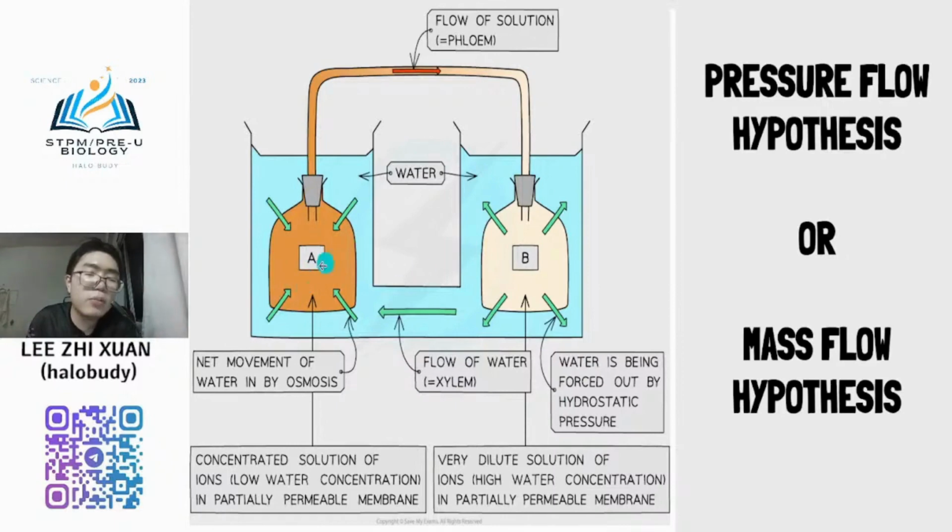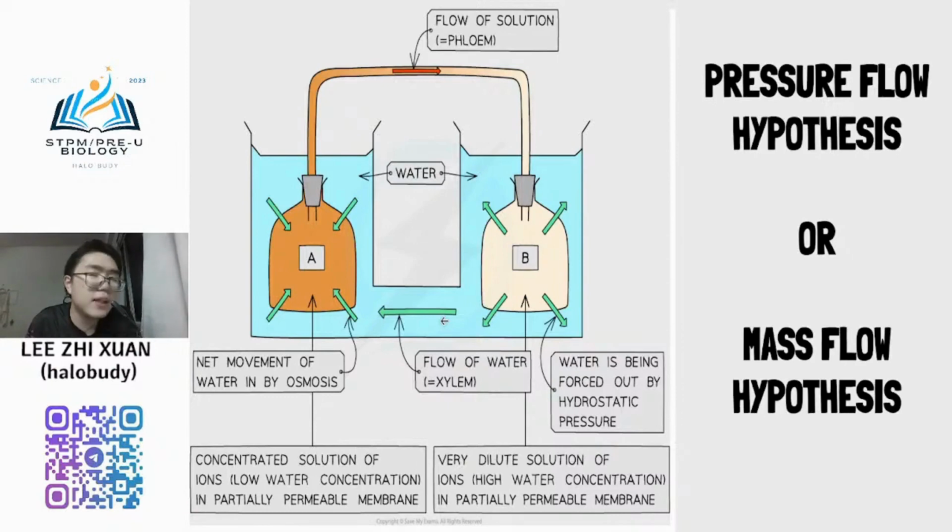Normally if you see the color, the darker color means it is more concentrated. The lighter color will be less concentrated, more dilute. So if you see this diagram, you know that the water part is the xylem vessel, because we already know that only the xylem vessel contains much water.